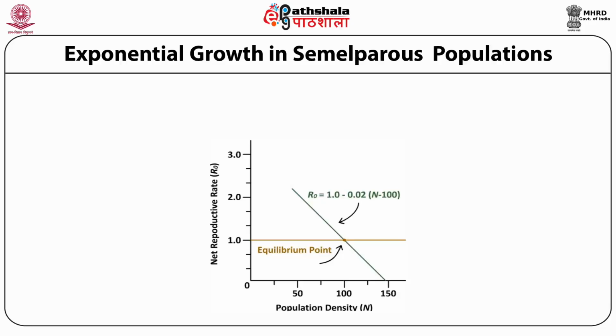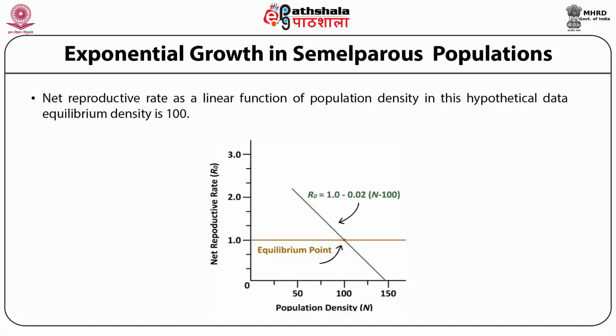This can be expressed as a linear relationship between population density N on the x-axis and the net reproductive rate R0 on the y-axis, as shown in this figure.